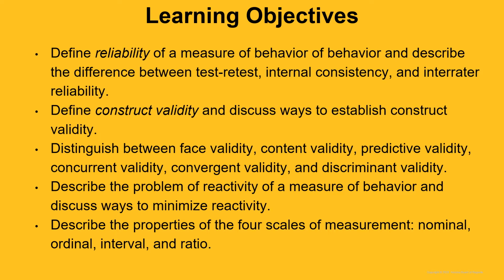We'll spend a brief amount of time talking about reactivity and why an understanding of what this is is important in the development of measures of behavior. And finally, we will break down the 4 basic ways that we categorize measurement scales. So we will try to draw some distinctions between nominal, ordinal, interval, and ratio scales.